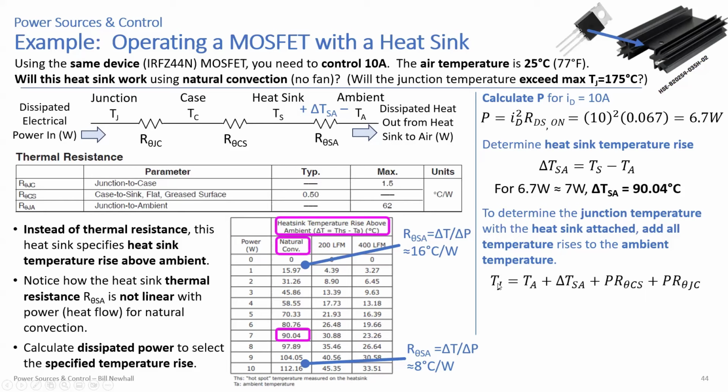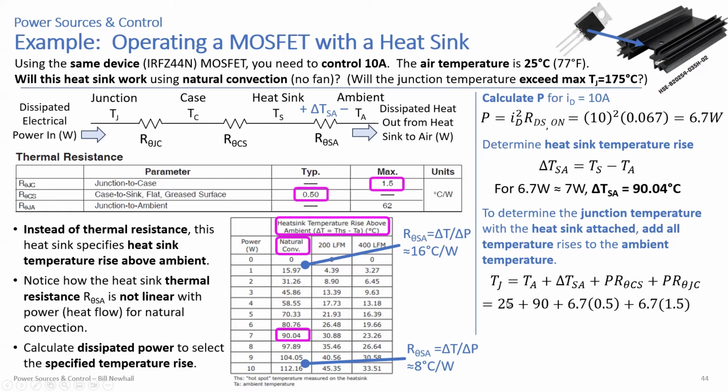So the junction temperature TJ is TA, ambient temperature, plus the difference between sink and ambient, plus, now here's what I call the Ohm's law equation, the power dissipated times the case to sink thermal resistance, right? Because that power is flowing through this case to sink resistance. And then that power also times the junction to case resistance to get TJ.